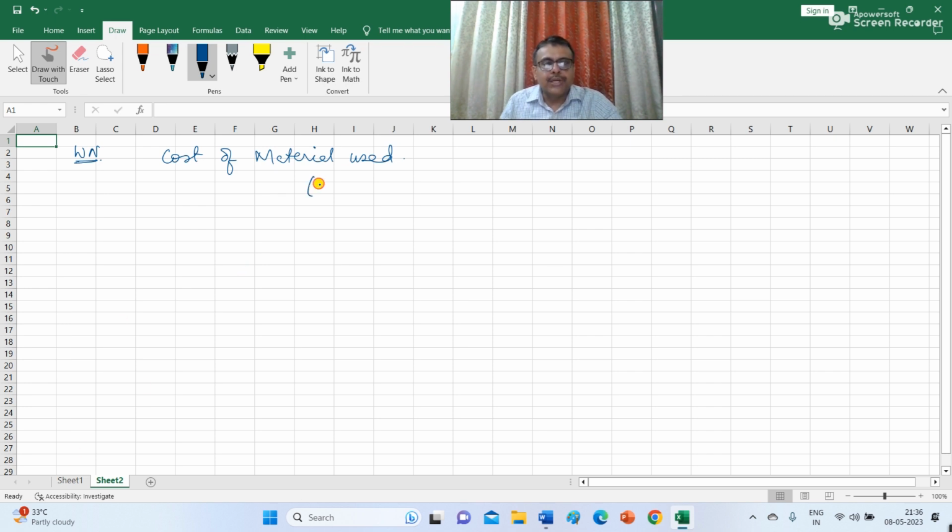So 1,25,000 is the amount of material purchased, and 29,000 is the value of material which was there in hand. So cost of material used is for rupees 96,000. That is 1,25,000 minus 29,000. You will get 96,000. So this is the actual cost of material that was used in the contract.